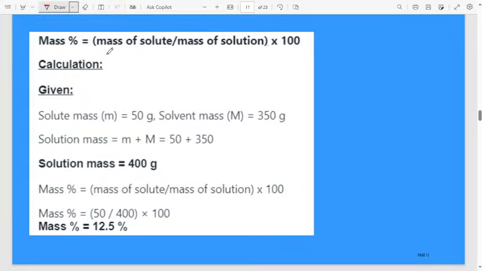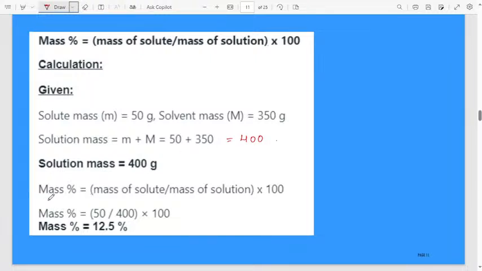Mass percentage is mass of solute divided by mass of solution into 100. Here they have given the solute mass, 50 gram, and the solvent mass, 350 gram. If both are mixed you get a solution. 50 plus 350 gives 400, that is the solution mass.